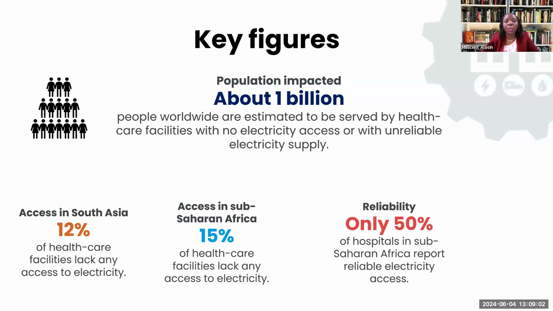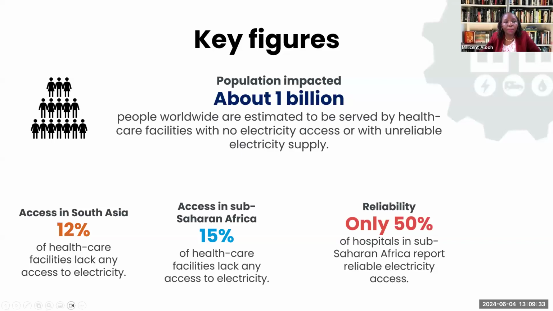In sub-Saharan Africa, 15% lack access to any electricity at all, and only 50% of hospitals report reliable electricity access. So we fail to provide services to the population we are supposed to serve, just because we do not have power.